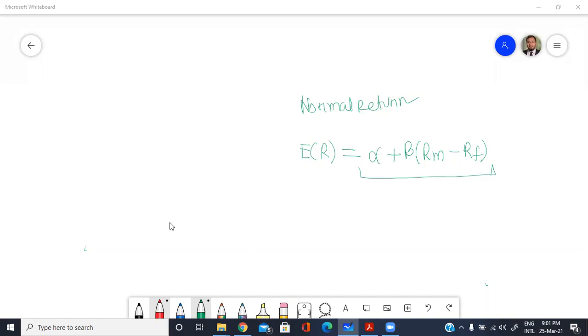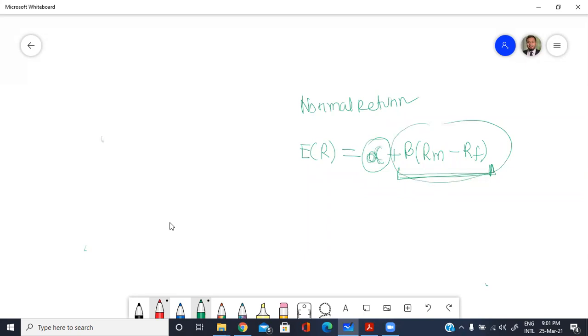Okay. So this one is the expected return. Now, which is the portion of expected return actually? This portion is the expected return. And you see this portion here is the alpha. And from where I have written this?